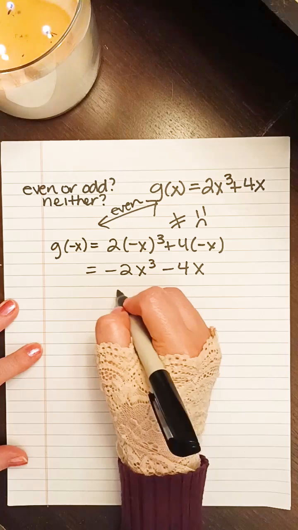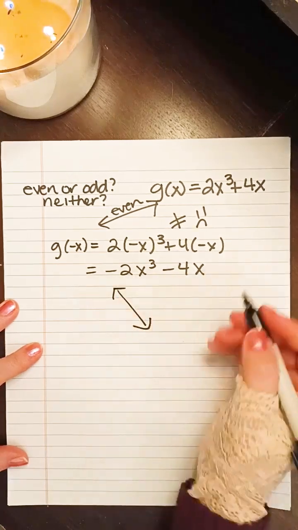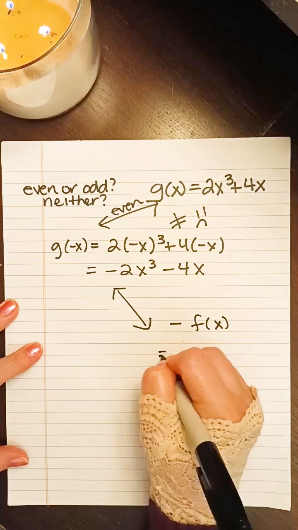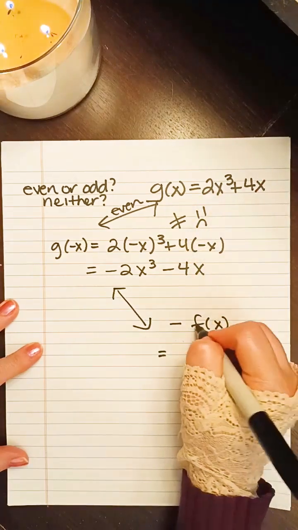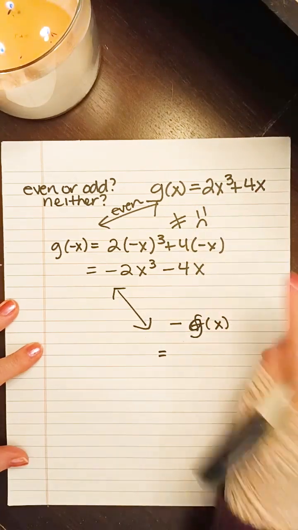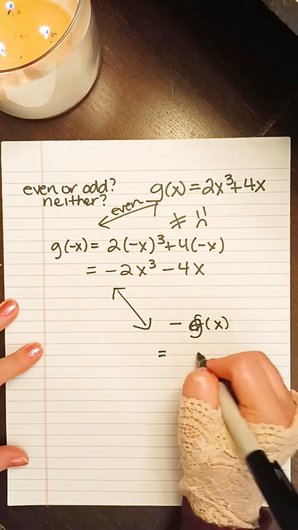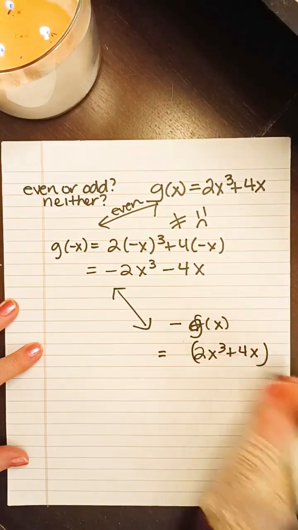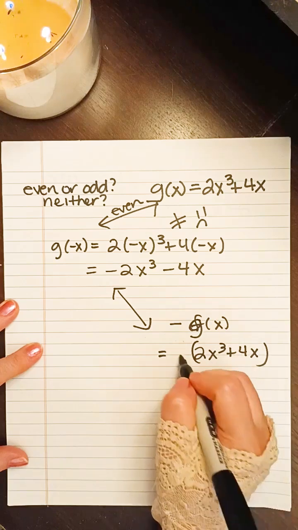And then we want to see if this result is the same as the negative of g of x. So we're going to take g of x, and we're going to take the negative of it. We're going to multiply it by -1.